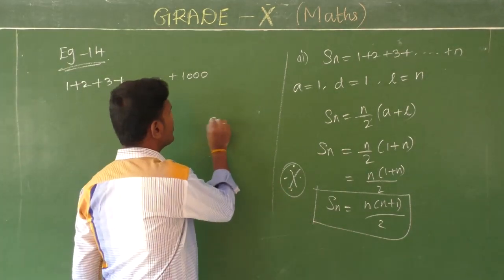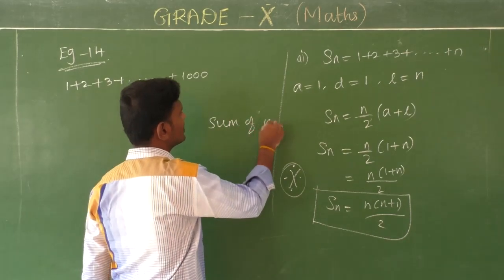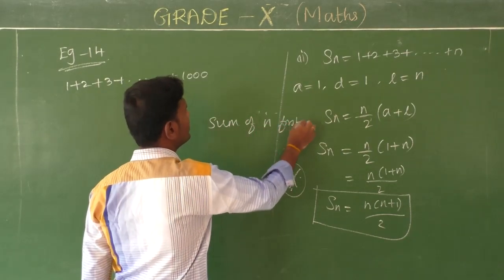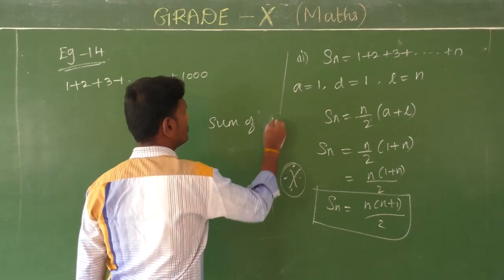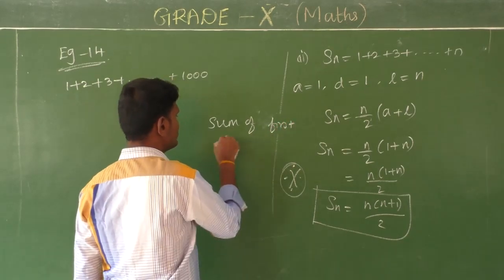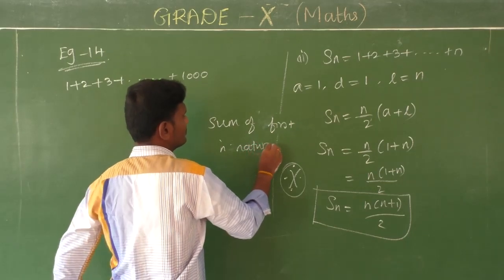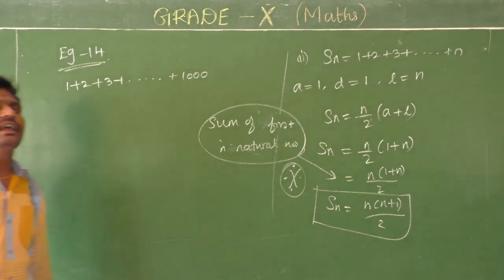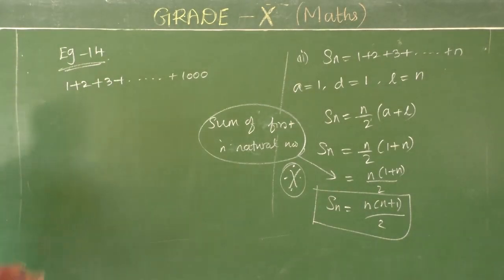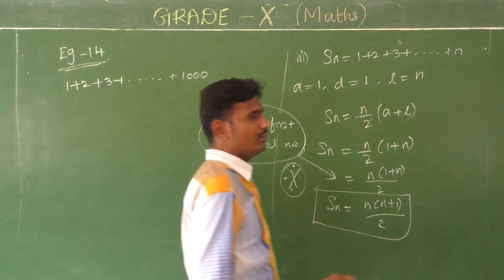That is the sum of first n natural numbers. So this is the formula. What is the formula? Sn equal to n into n plus 1 by 2.